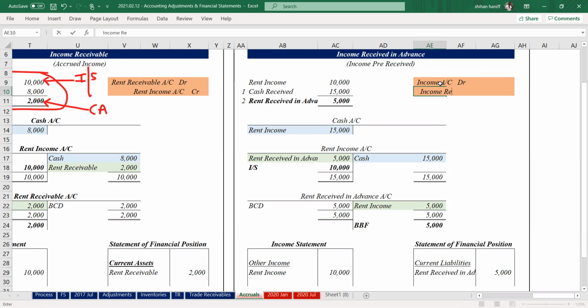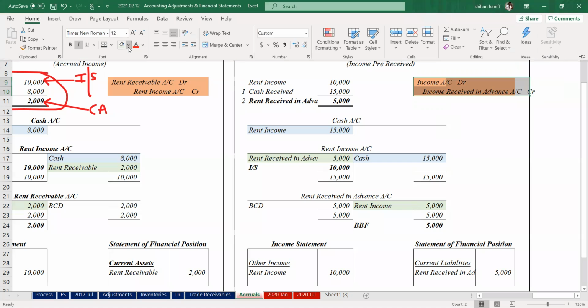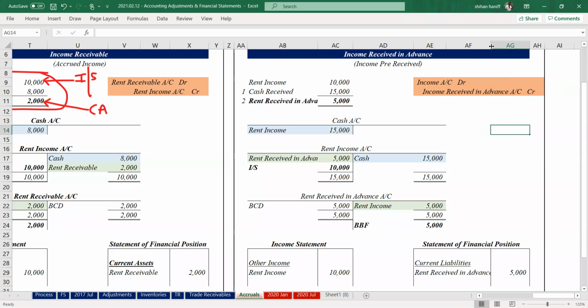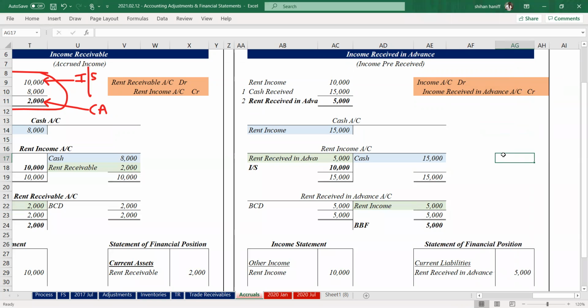Income received in advance account is credit. Right. So copy this.